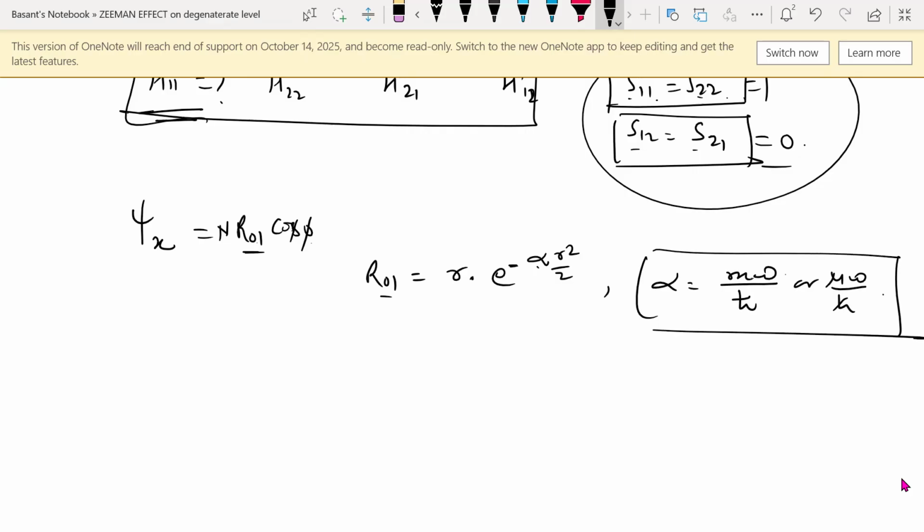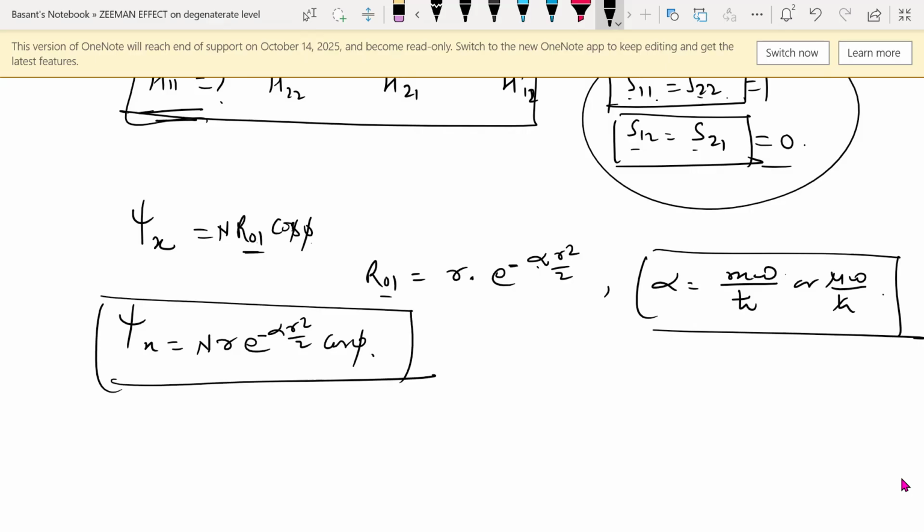So the wave function becomes N r e to the power minus alpha r square by 2 cos phi. What is the normalization constant of this function?